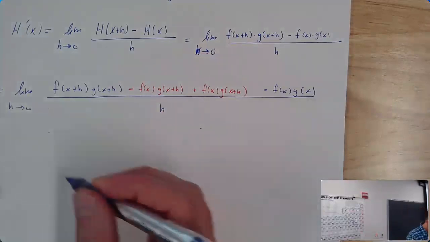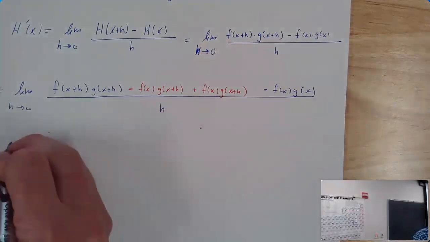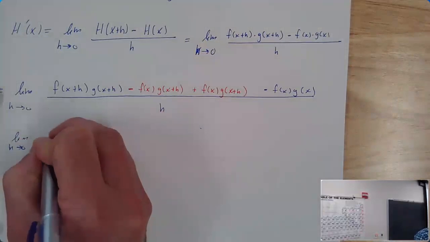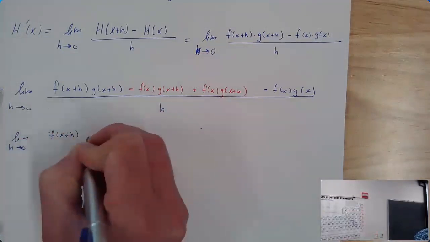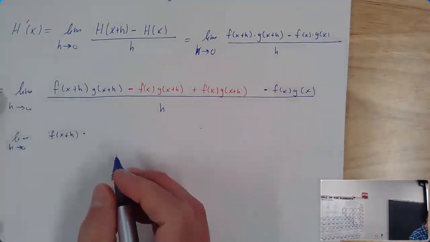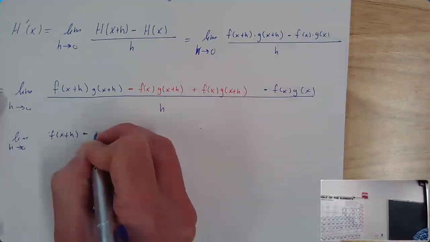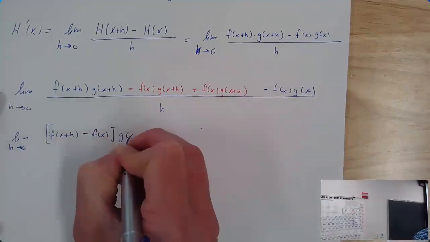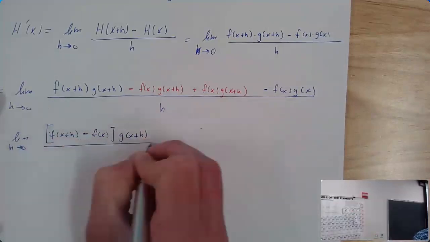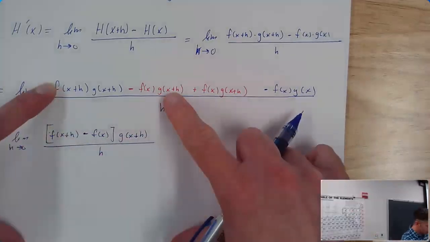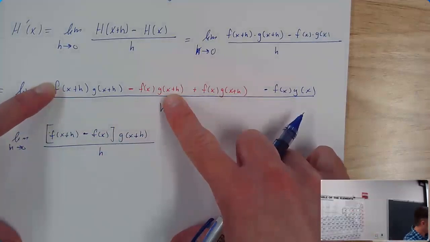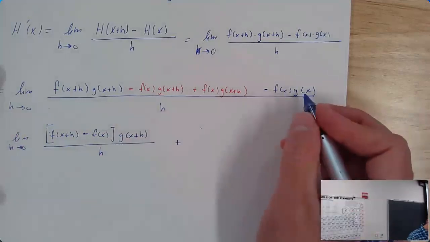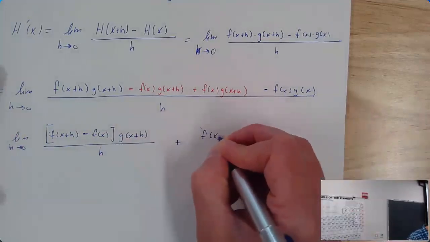So I'm going to break this up into two fractions. The limit as h goes to 0 of f of x plus h times g of x plus h minus f of x times g of x plus h, all over h. Those are the first two terms with the g of x plus h factored out, plus the next two terms with the f of x factored out.